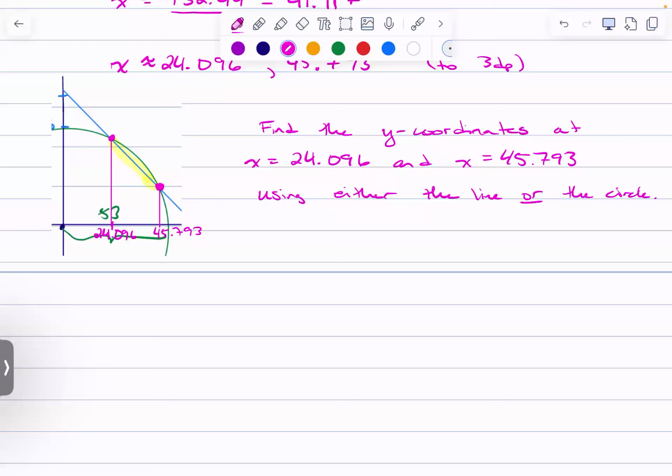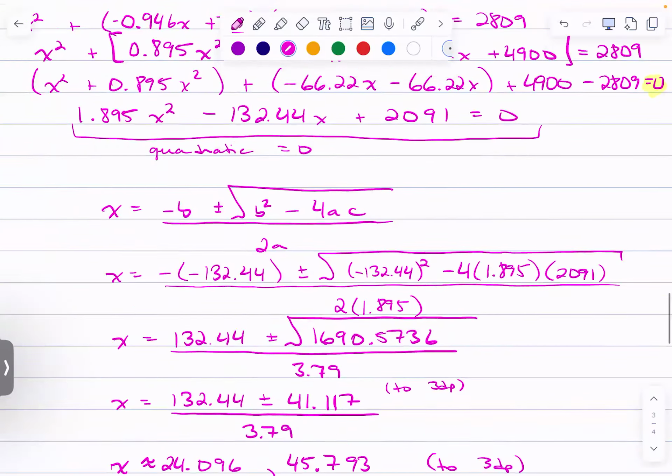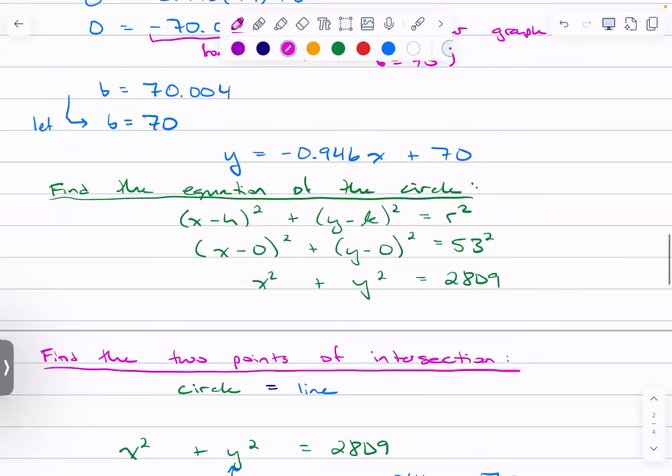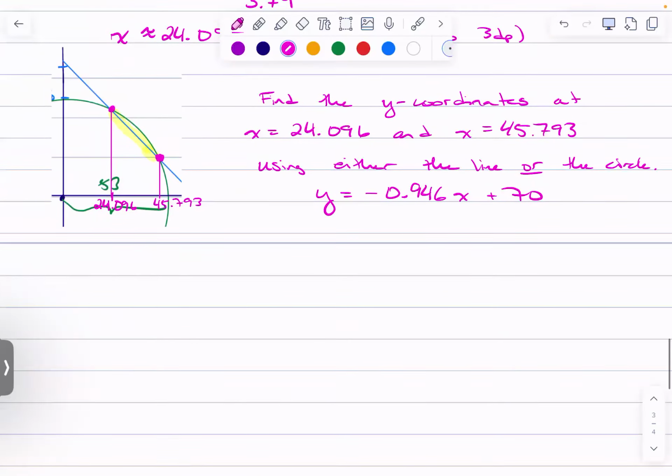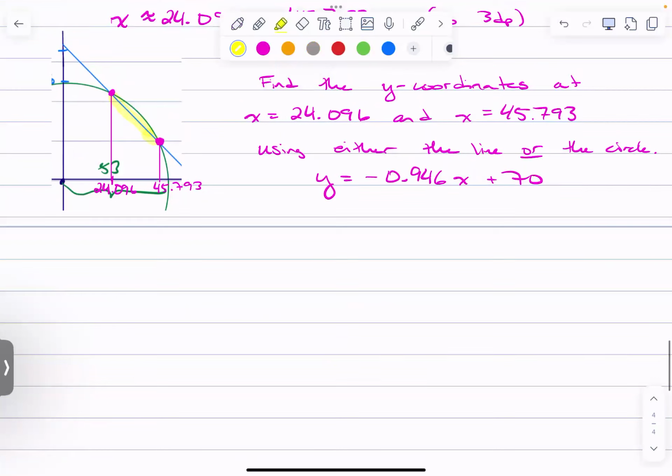You should find, we've done a lot of rounding along the way, but roughly you should find the same values, right? And so now y is negative 0.946x plus 70. I'm going to use the line. I'll highlight that.